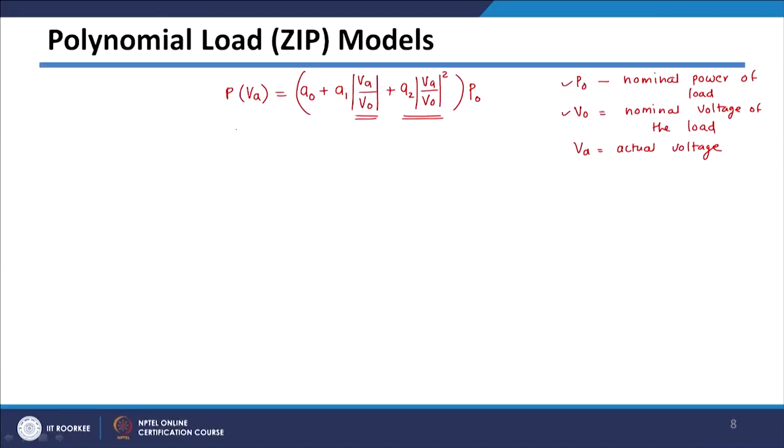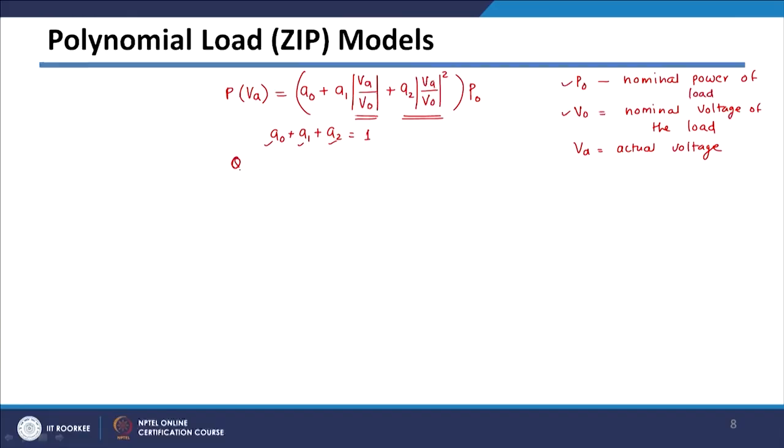Since they are mixed types of load, A0 plus A1 plus A2 should be equal to 1. It should represent a total of 1 per unit load, and this represents the percentage of the three different kinds of loads.